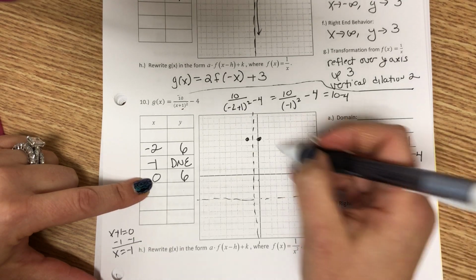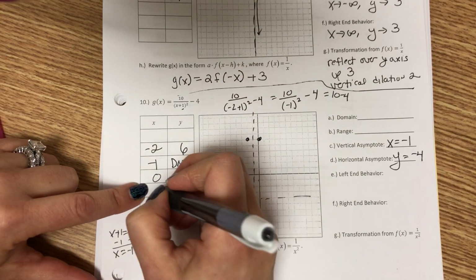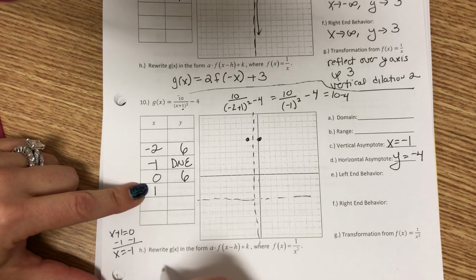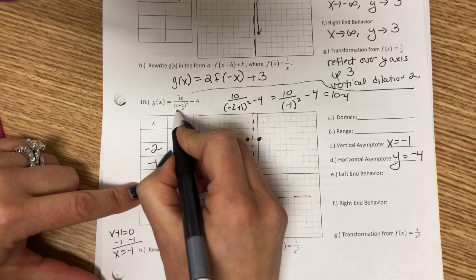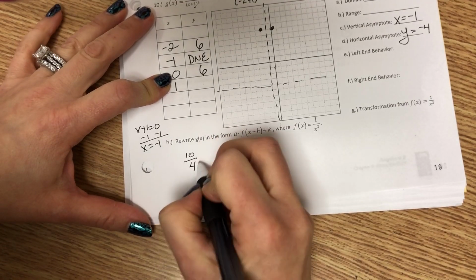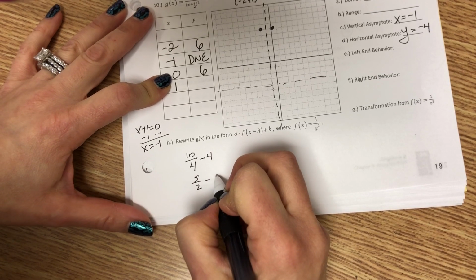If you want another value, especially with this large dilation, I could substitute in 1. So let's see, that's 1 plus 1 squared, that's 2 squared, 4, so then let's write this down. So 10 over 4 minus 4, which is 5 over 2 minus 4.